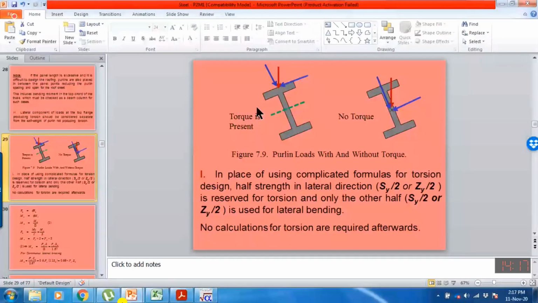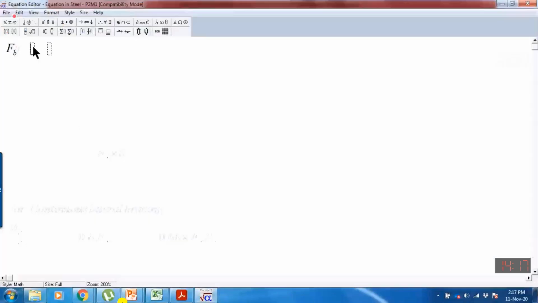So our equation: total bending stress will be equal to the bending stress due to moment Mx. Here I will first write it down, then I will modify it. I am writing it so that later, if you watch the video recording, you may understand.